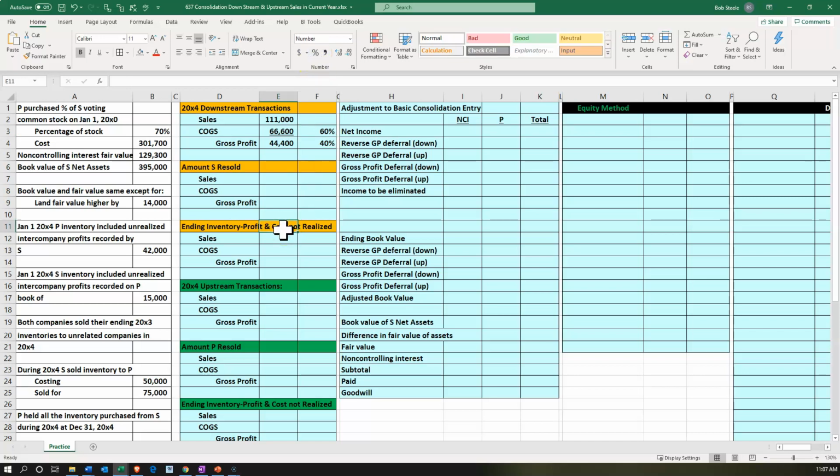Now, what does that leave us with in ending inventory? We might think about what ending inventory is and then back into the resale amount, or we could think about the resale and then go to the ending inventory. It depends on the numbers we have here. These are going to be related.